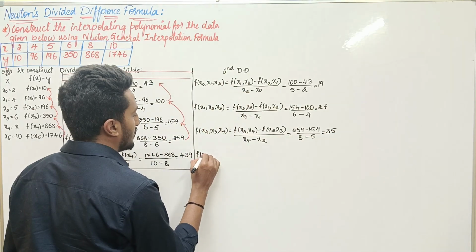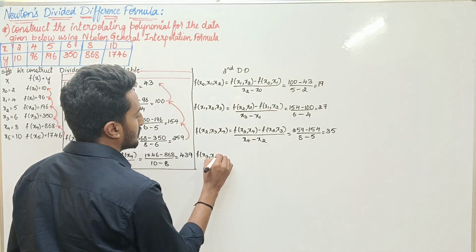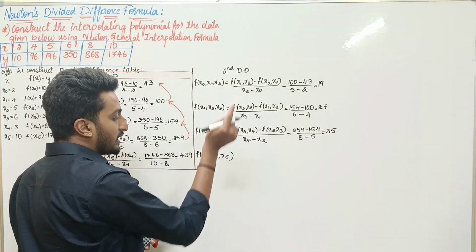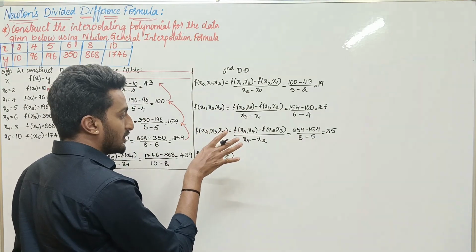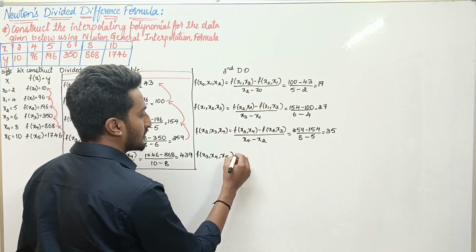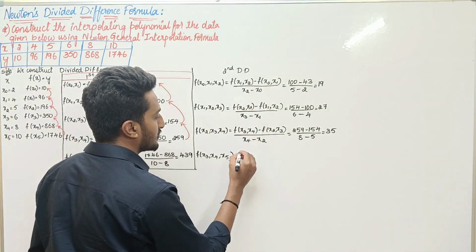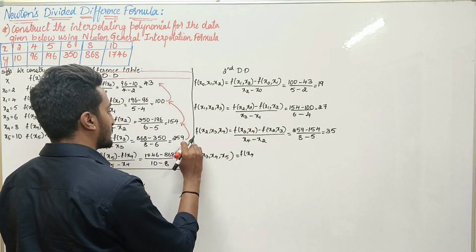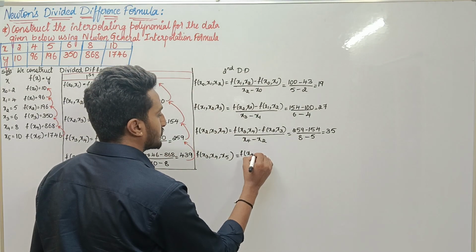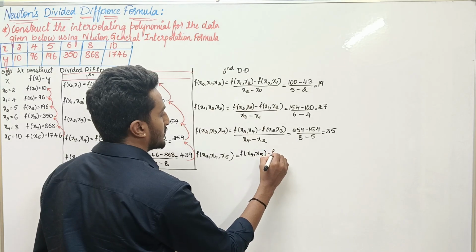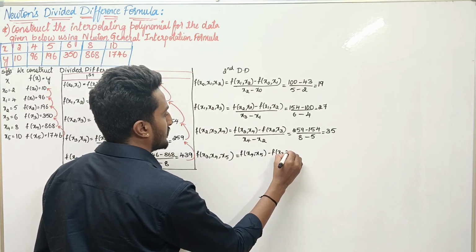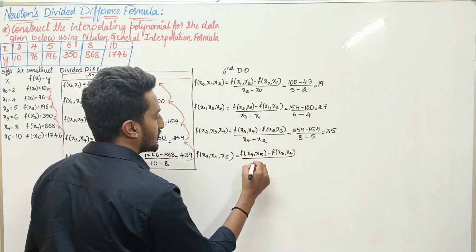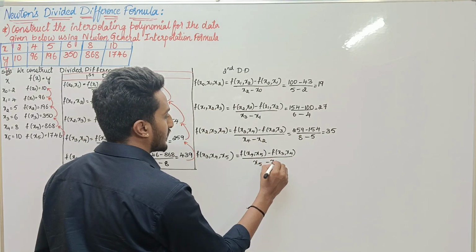Next, the last one, f of x3 comma x4 comma x5. See, the leading element and the ending interval x5. Once this is complete, we can conclude the last iteration: f of x4 comma x5 minus f of x3 comma x4, whole divided by last element minus first element, that is x5 minus x3.